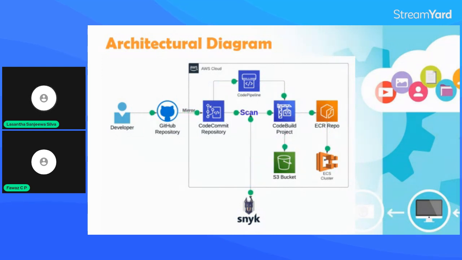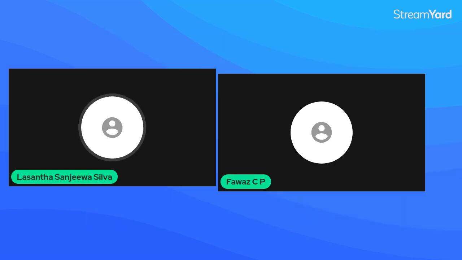After this demonstration, we'll put the link on how to create an AWS free tier account in the description section. That's all for our project. Pavas, over to you to explain the pending things.